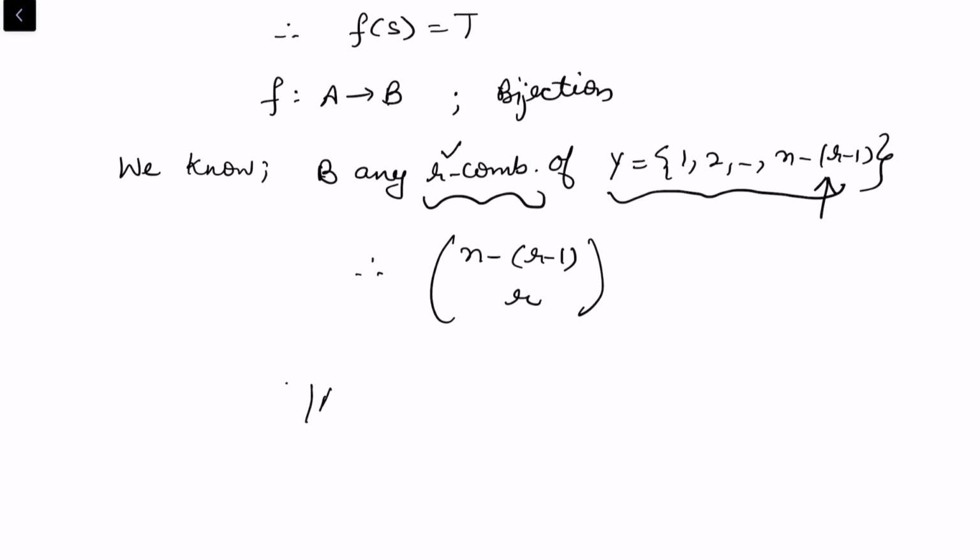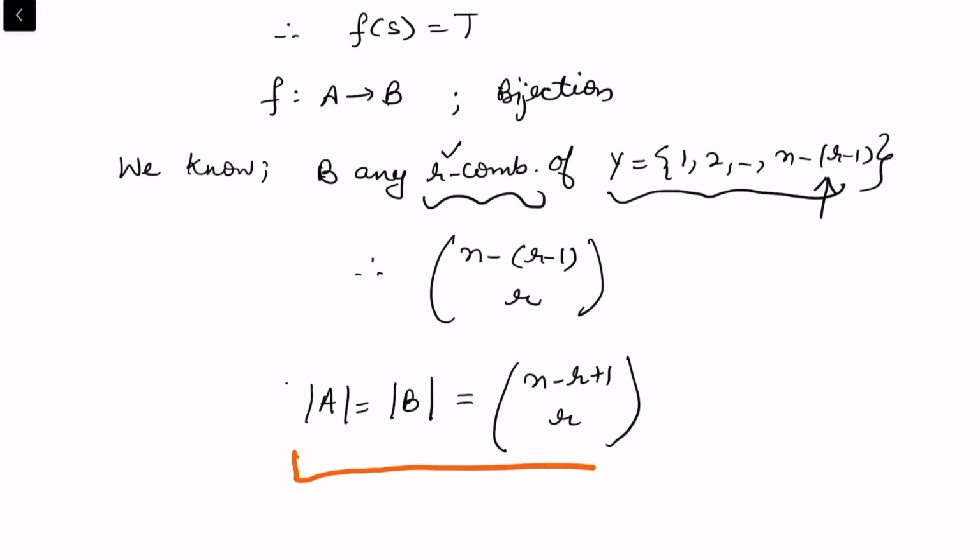So we know the cardinality of A, using the bijective principle, is the same as the cardinality of B, which is n minus R plus 1 choose R. And this establishes our bijective argument: if I want to count the number of elements of the set A, which comes from n elements where we do not want to allow consecutive integers, I have counted the set B, and hence we established the bijective argument.